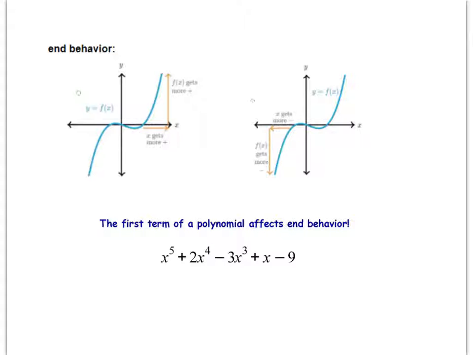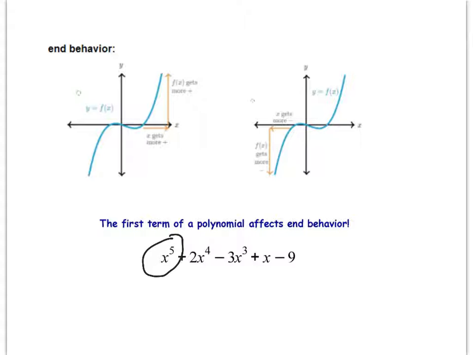In the last video that you watched about end behavior, you learned something about polynomials and how this first term, x to the fifth power, actually determines or affects the end behavior.